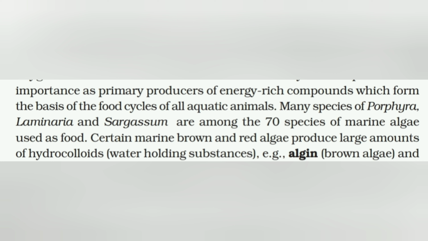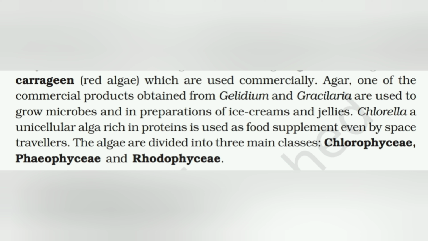Many species of Porphyra, Laminaria, and Sargassum are among the 70 species of marine algae that are used as food. Certain marine brown and red algae produce large amounts of hydrocolloids, which are water holding substances. For example, algin is produced by brown algae and carrageen is produced by red algae, which are used commercially.